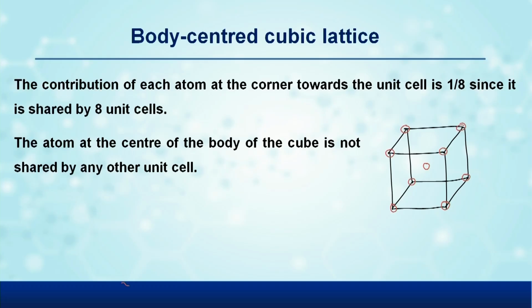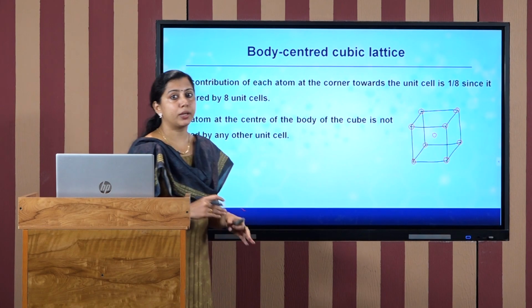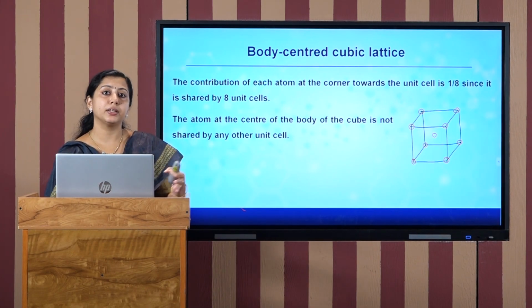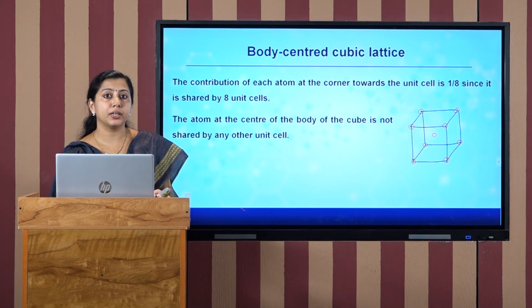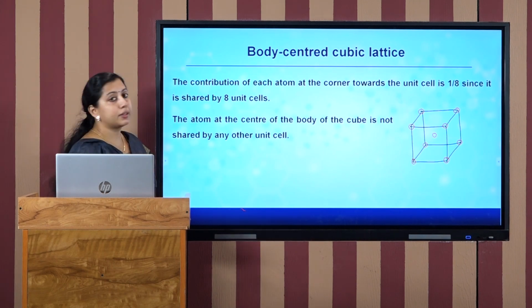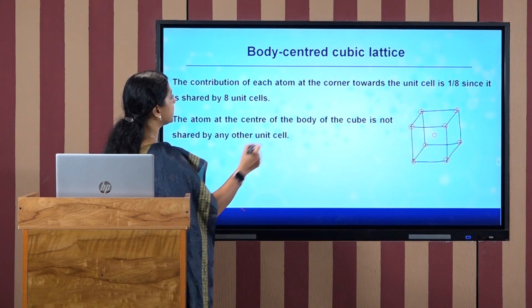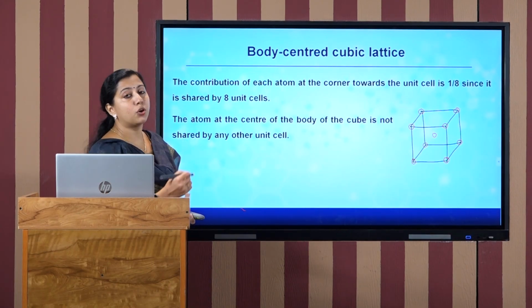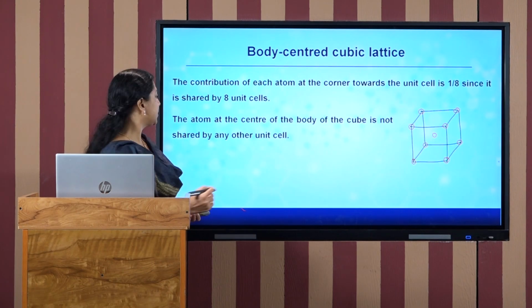Now, the atom at the center of the body of the cube is not shared by any other unit cell, because it is situated at the center of the body, that is not attached to any other unit cell. So, it is not shared with adjacent unit cells. So, we will calculate the contribution of the total atoms. When we consider the corners, we have 8 corners, that means 8 atoms.